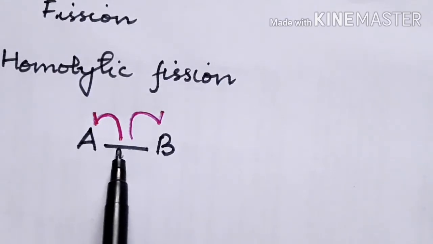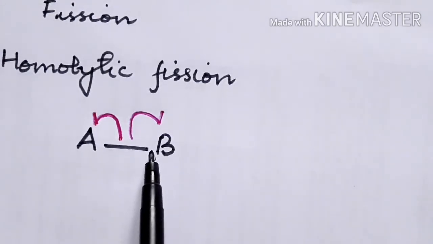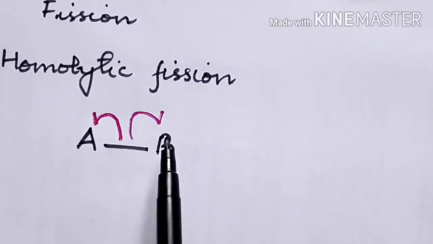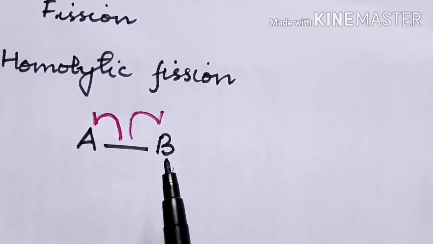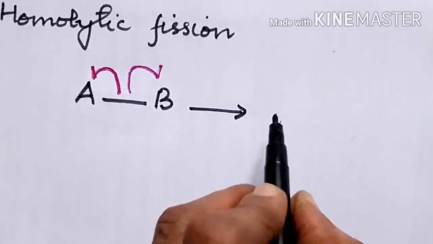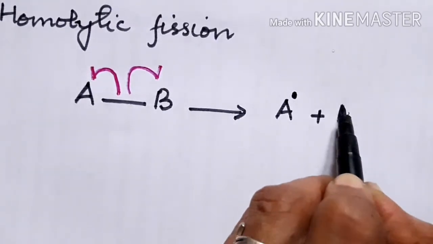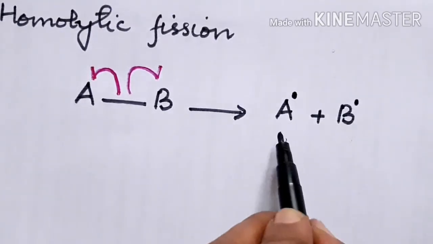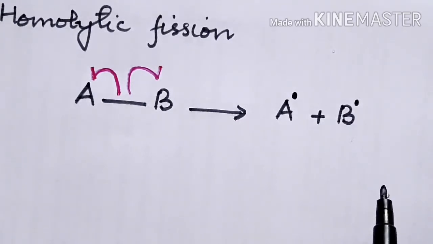If the electron owned by A goes to A itself, and B retains its lone electron, such a type of fission occurs, resulting in what is called homolysis. Homolysis results in two free radicals, A radical plus B radical. These free radicals are odd electron species which are highly reactive in nature.